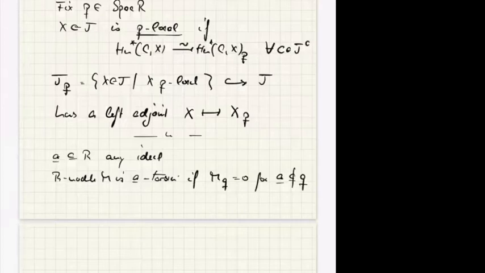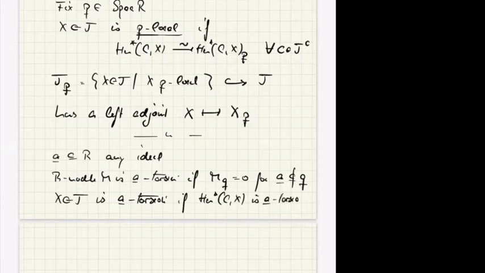You can also think of it as elements being annihilated by some power of A. But this is a better definition in a sense, because it tells you that we get some nice subcategories if you look at the torsion objects. So X in T is A torsion if, again, the graded homomorphisms from any compact object are an A torsion R module. So we just look at the morphisms from compact objects.